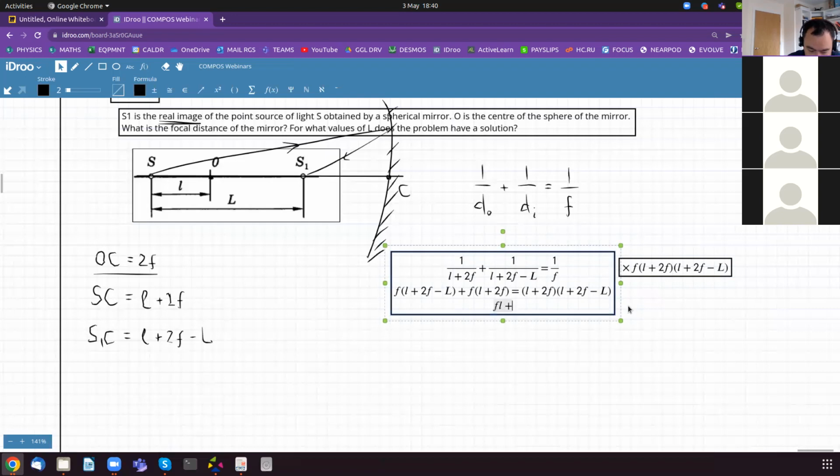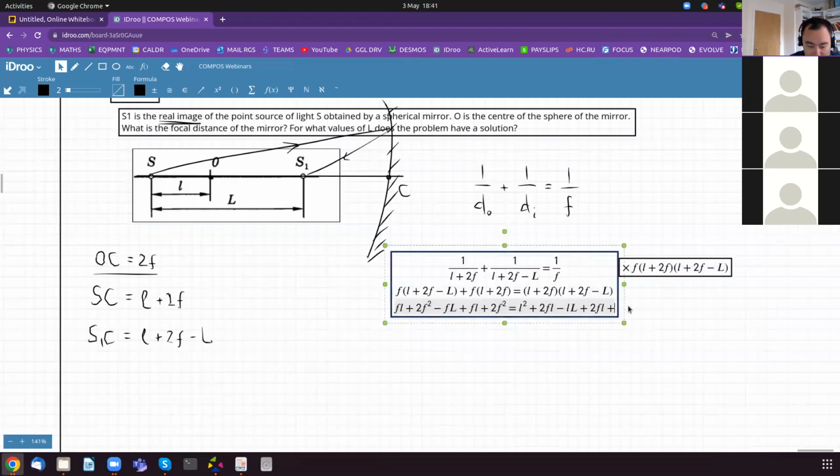Now, it does look scary a bit, but no worries. Just expand. F squared minus FL plus FL plus 2F squared equals L squared plus 2FL minus LL plus 2FL plus 4F squared minus 2FL.